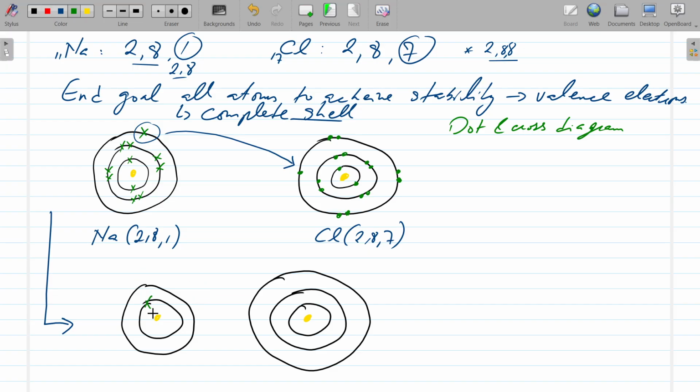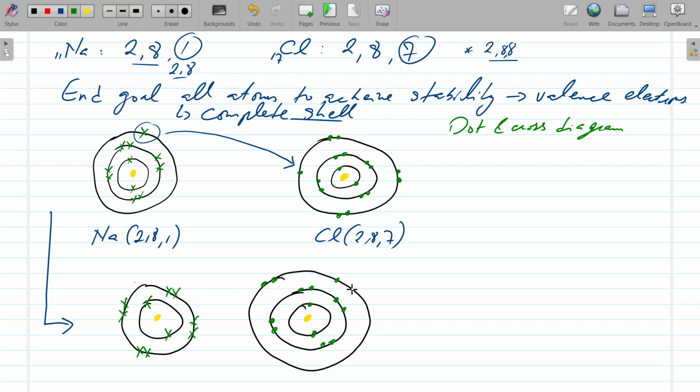So you've got 2 over here, and you've got 8 over here, and then you've got 2 and 8. Dots, dots, dots, dots. 2 and 8 and 8.